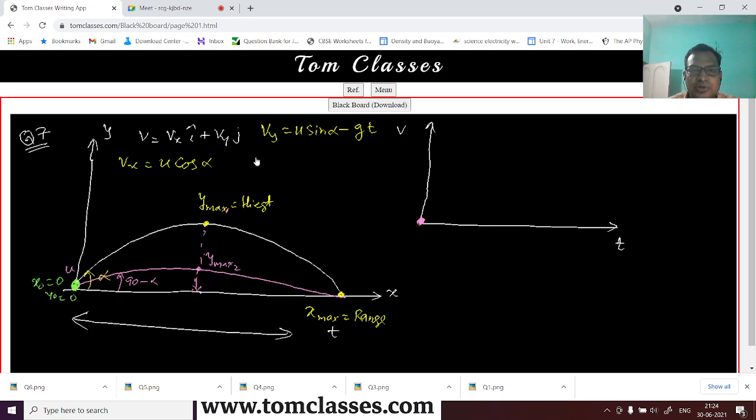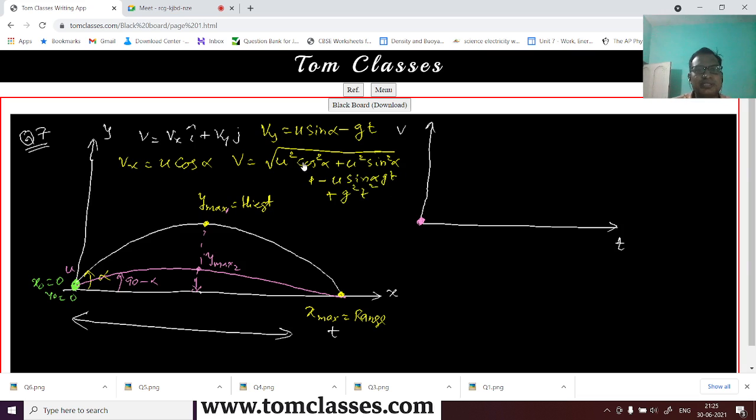So what can I say about the net velocity? The net velocity squared is going to be u square cos square alpha, plus this square, u square sin square alpha, minus 2 u sin alpha times gt, plus g square t square.